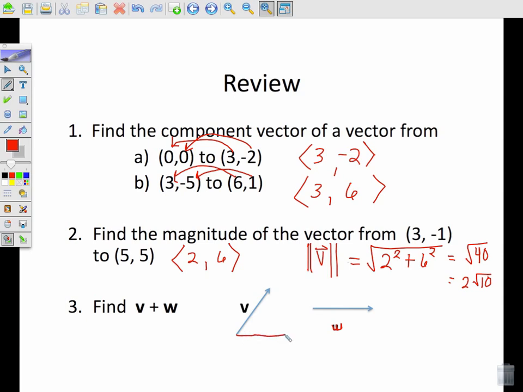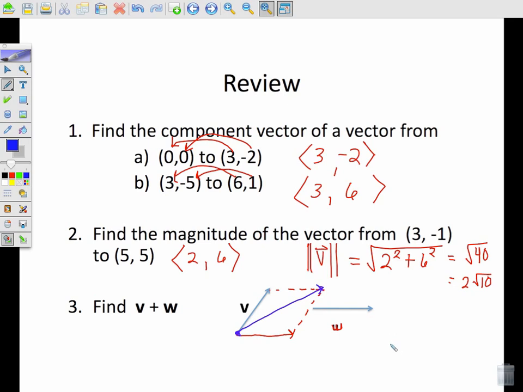This is one way to do it. You create that parallelogram. Now the sum of the vectors is from the start of both vectors to the diagonal all the way up to where the intersection of the rest of the parallelogram would be. So there's one way to do it.